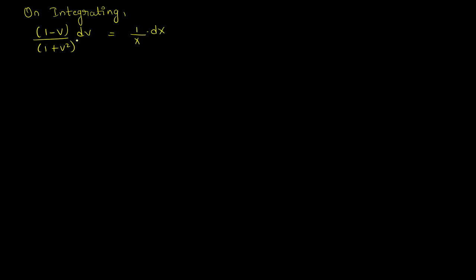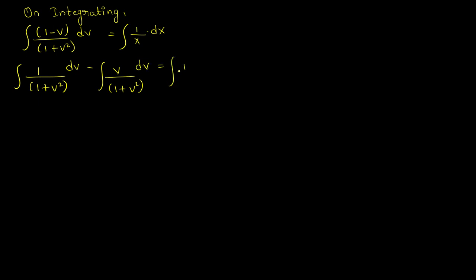So now, since we have to integrate, we'll apply integration on both the sides. Since we can see the numerator is having two terms, we can split it. So that becomes integral of 1/(1 + v²) dv minus integral of v/(1 + v²) dv, that's equal to integral of 1/x dx.